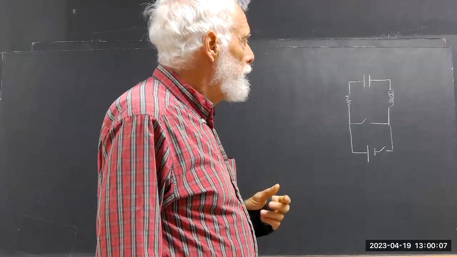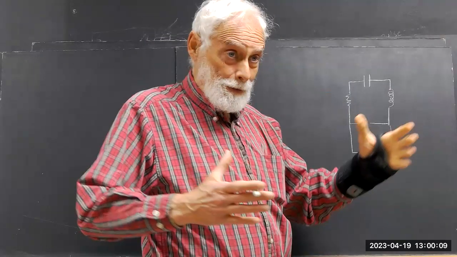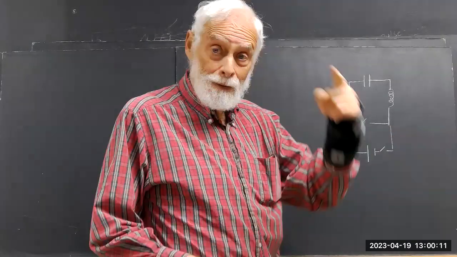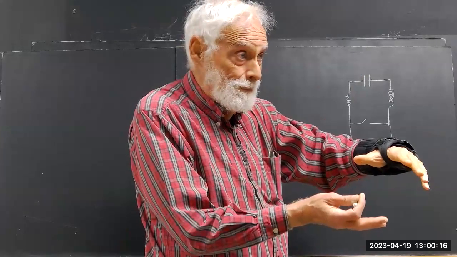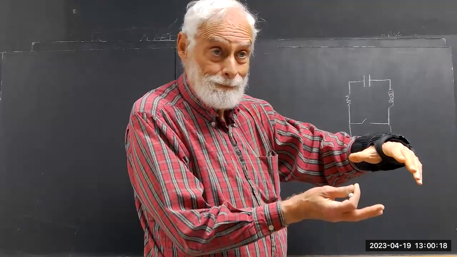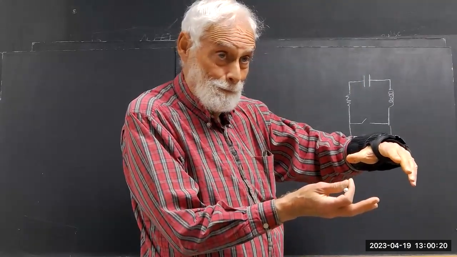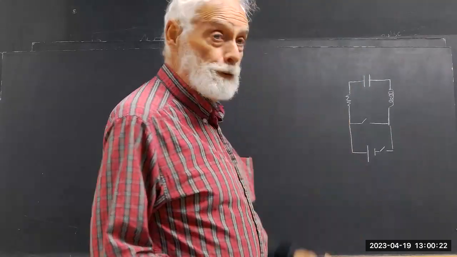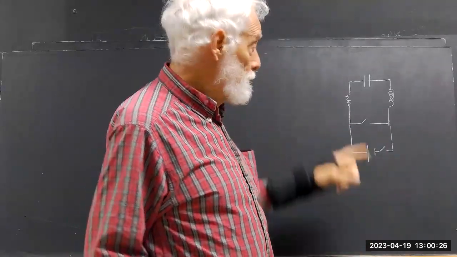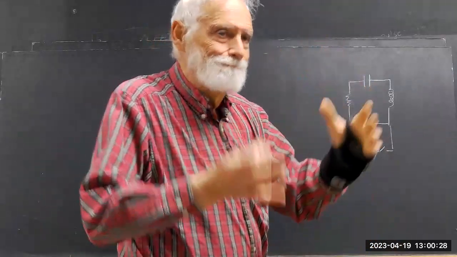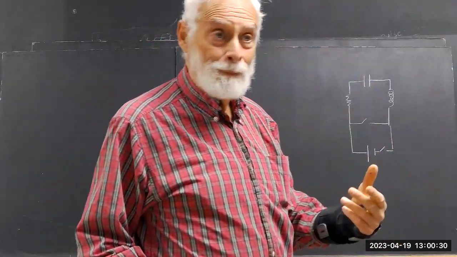So eventually the current's going to dissipate, but you're going to have a sine wave current with a decreasing amplitude. And you'll have that also if you've got a resistor here, depending on how big the resistance is. If the resistance is too big, it'll just decay to zero.